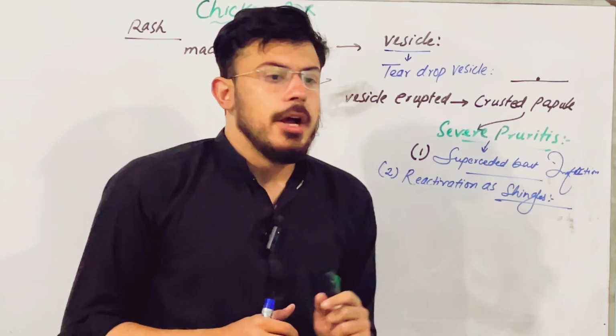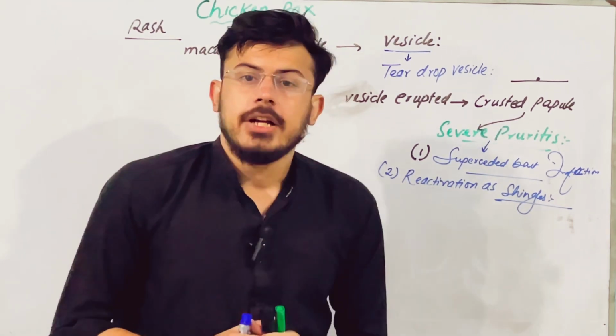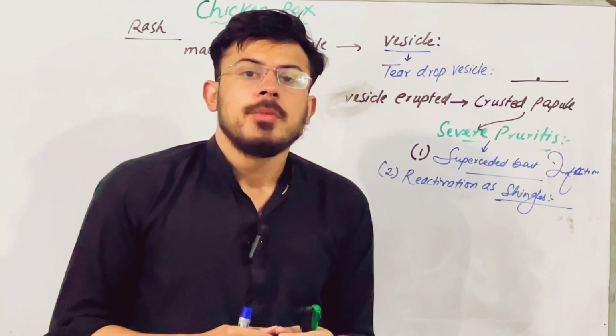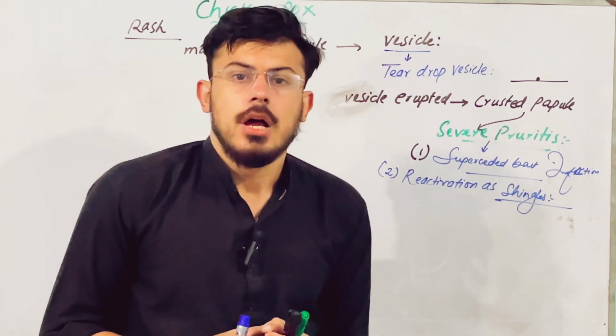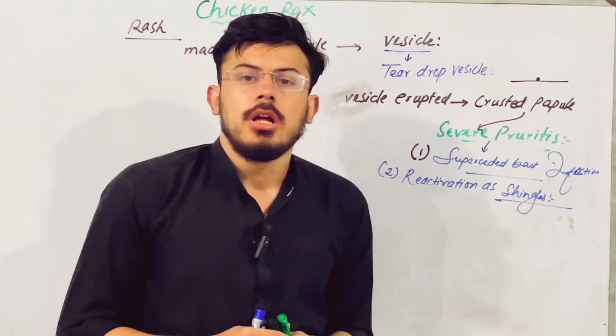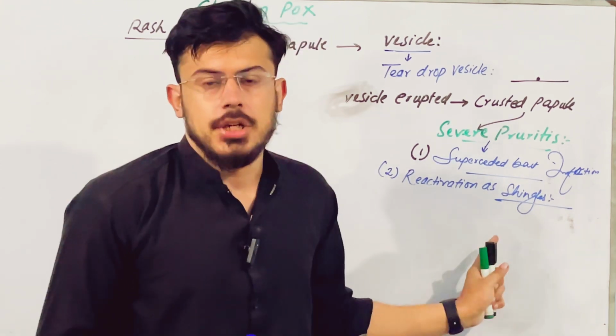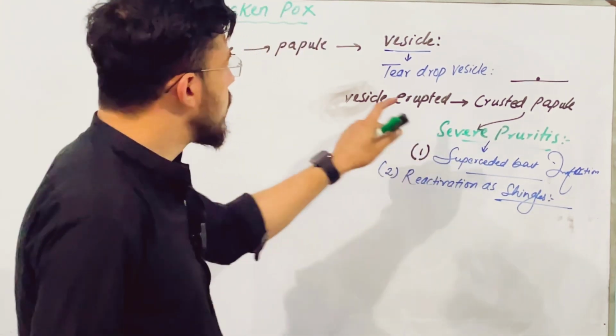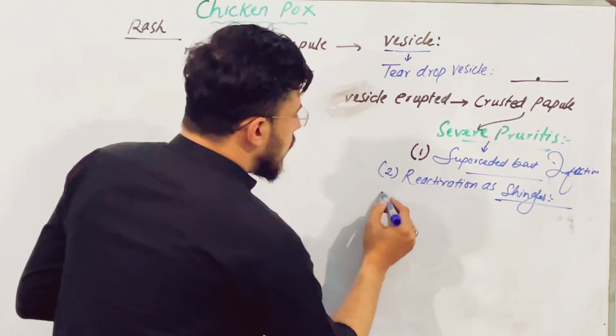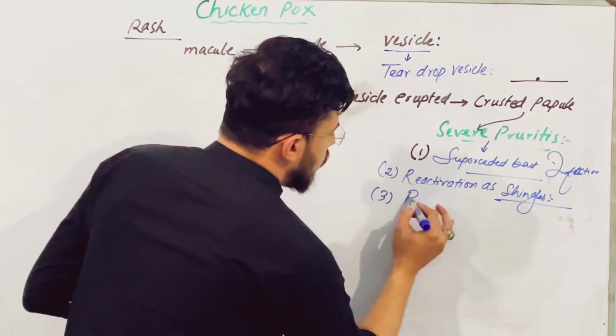So it's important: in primary infection, varicella presents as chickenpox, but in reactivation, varicella presents as shingles. So it's the second complication of chickenpox. The third main complication is pneumonia.